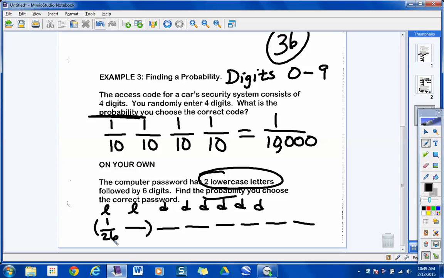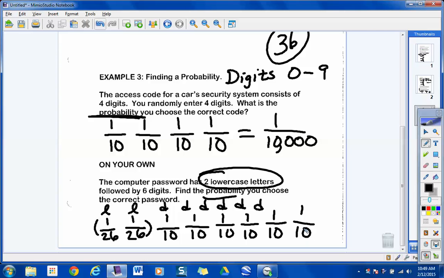Then there's another letter. What's the probability I get the second letter right? 1 out of 26. Okay, so now we're going to start throwing digits in there. And how many digits did we say we had? Not 9, but 10 of them, right? So just like up top here, what's the probability I get this first digit right? 1 in 10. How about for all the digits? 1 out of 10 for all the digits. 1 over 26 for the first 2.